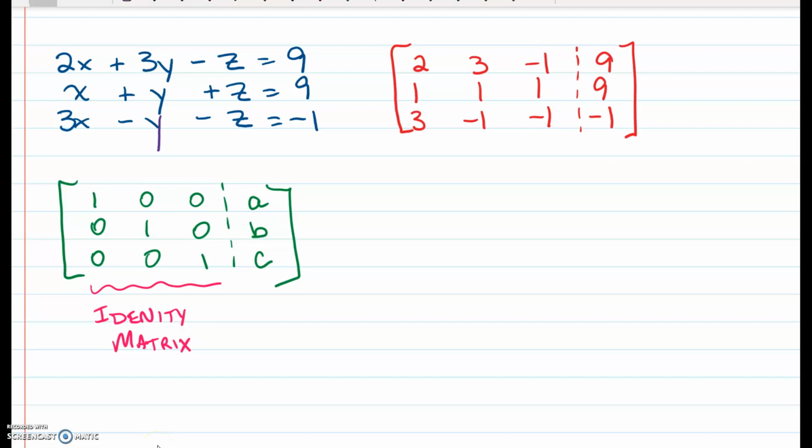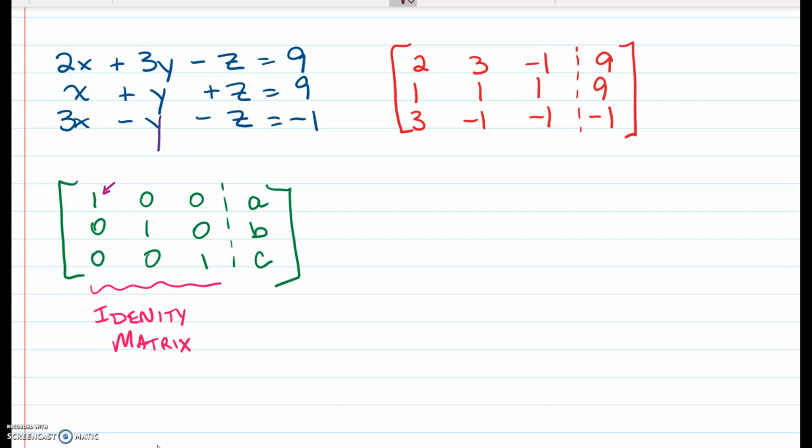Okay, so basically when you're using Gaussian elimination, you're only using the coefficients of your equations in the matrix. Down below the equations that you gave me in green, I have the identity matrix, which is kind of where we're going to.